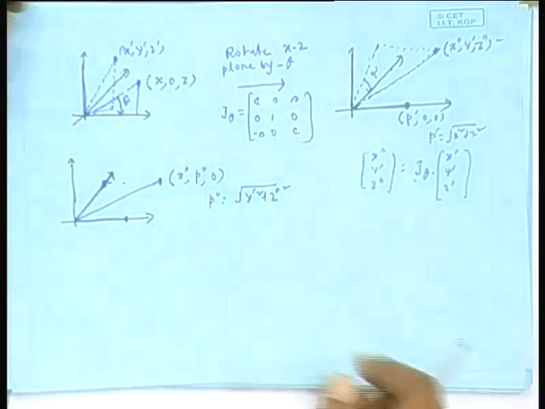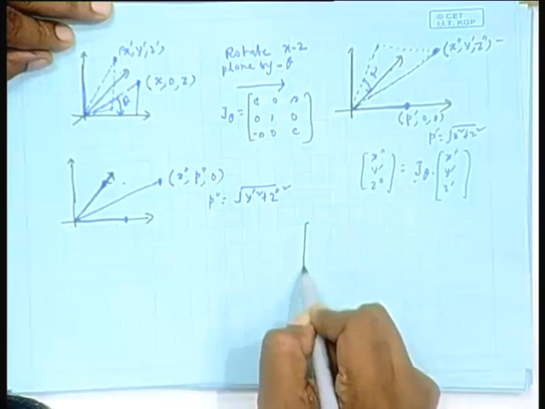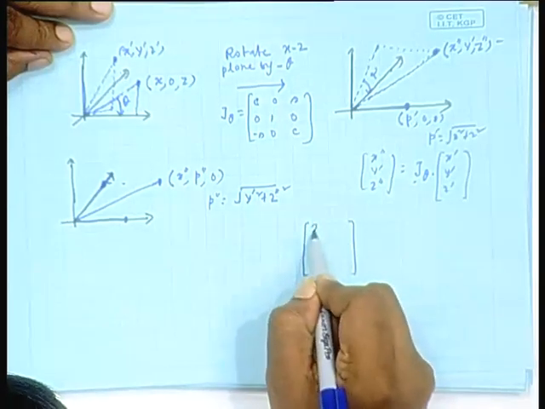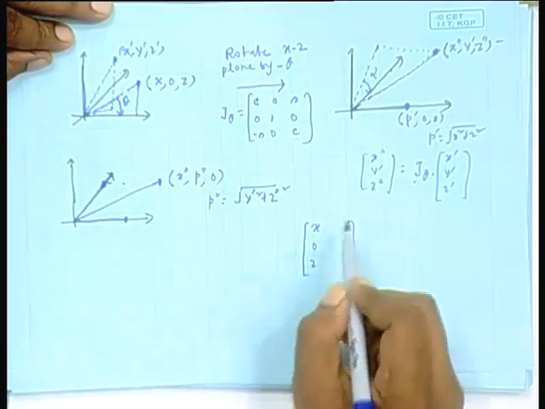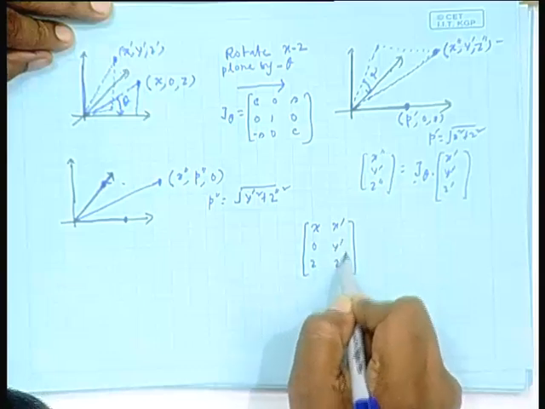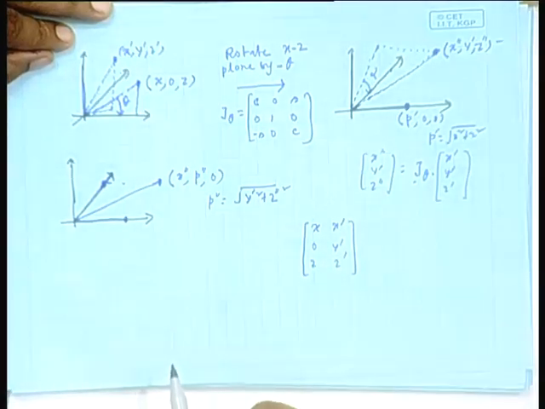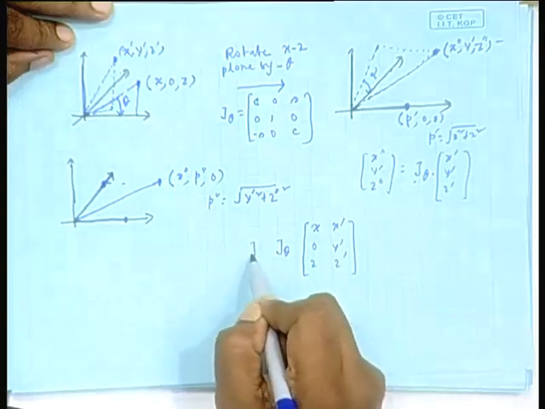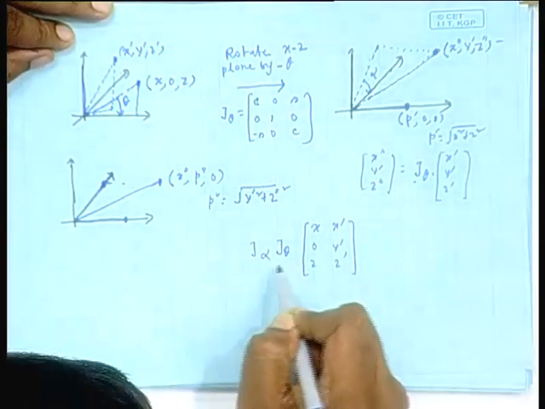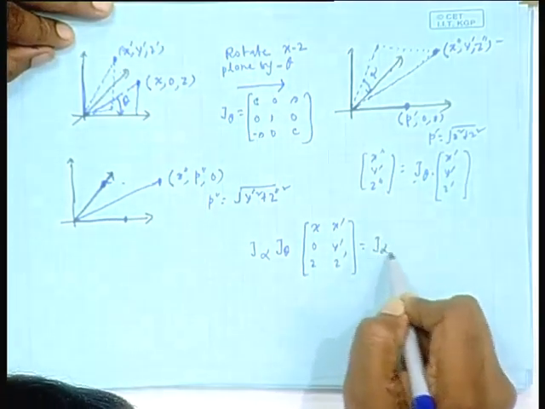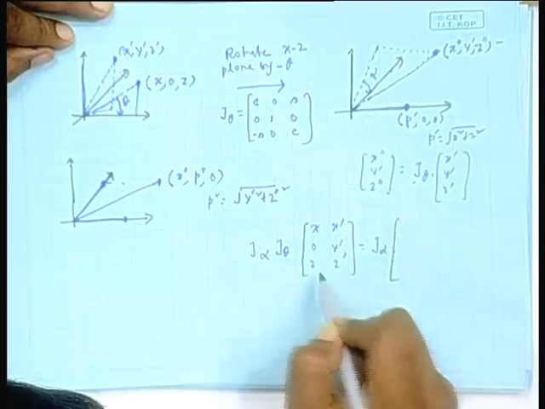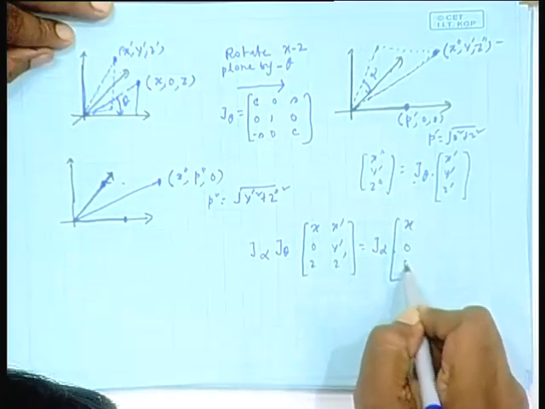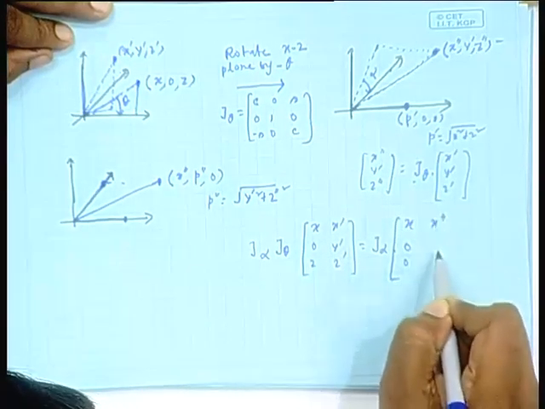So, let us sum up. What we did: suppose you have two vectors put side by side, one is the given x 0 z, another is x prime y prime z prime. I apply first j theta on this and j alpha on the other. What do I get? By applying j theta on this, the 0 gets annihilated and immediately I get x double prime.